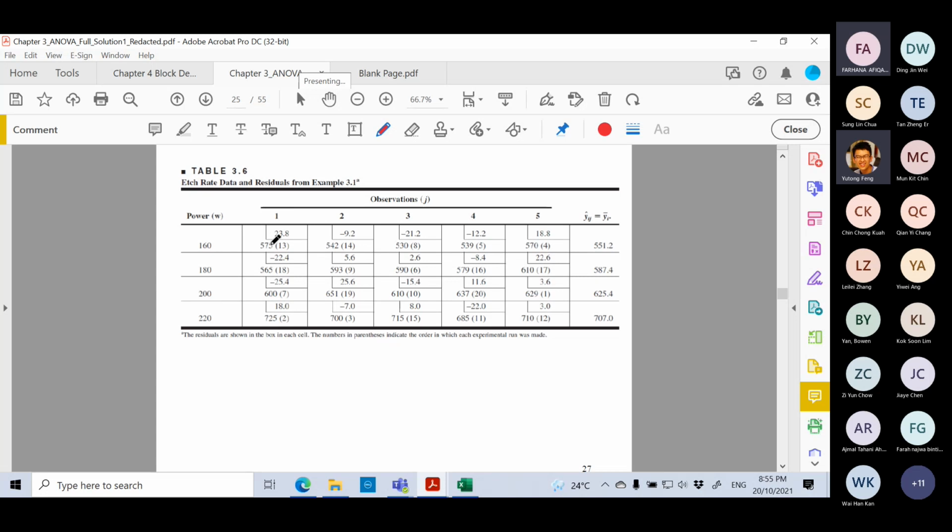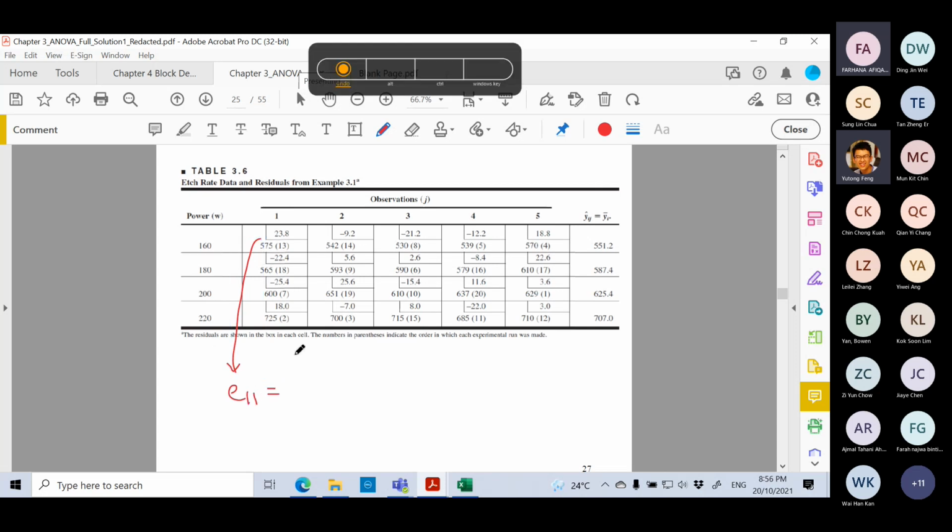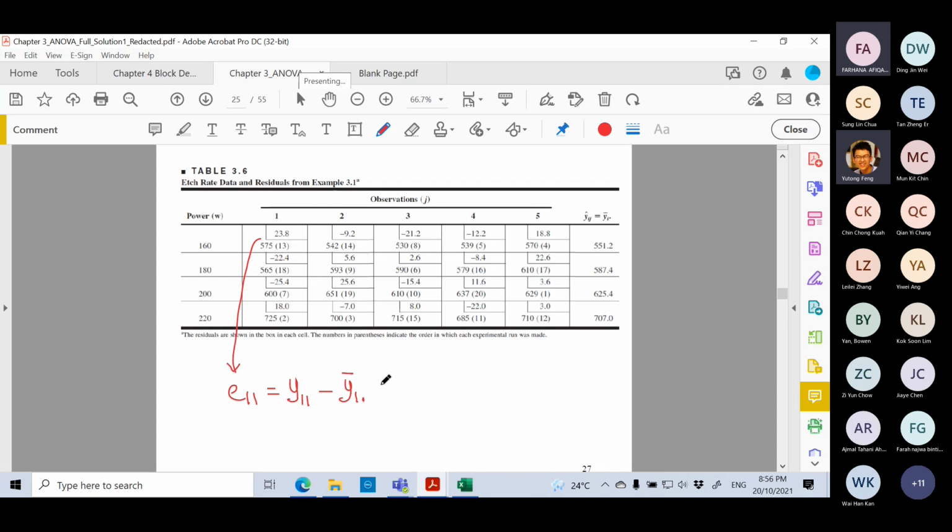To get the residue for the first cell, E11, we use Y11 minus Y bar 1 dot.